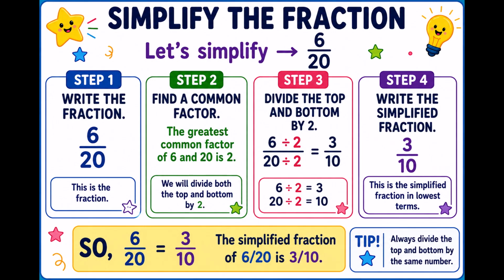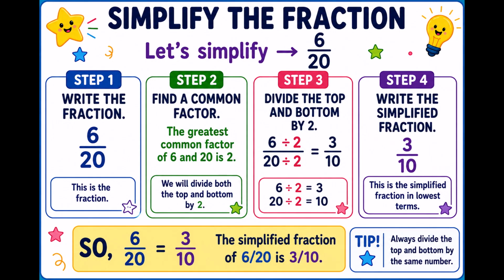So, step 3, divide the numerator and denominator by the same number. That's when we did 6 divided by 2 equals 3, and 20 divided by 2 equals 10.